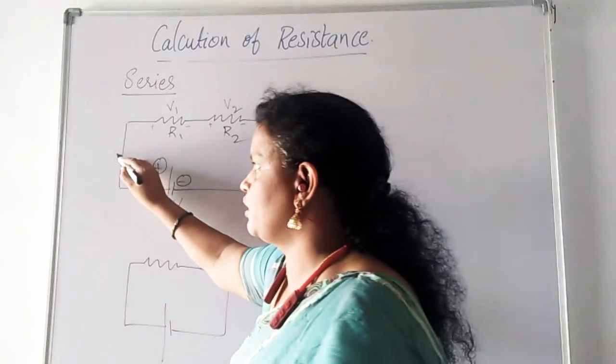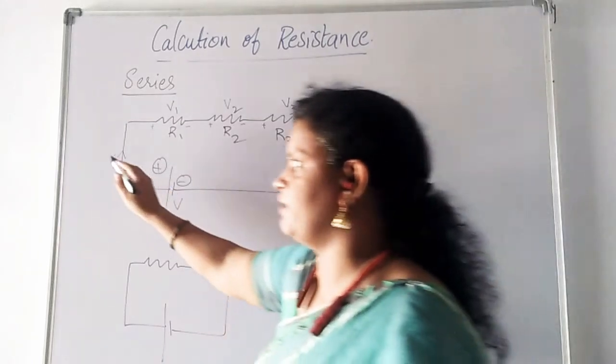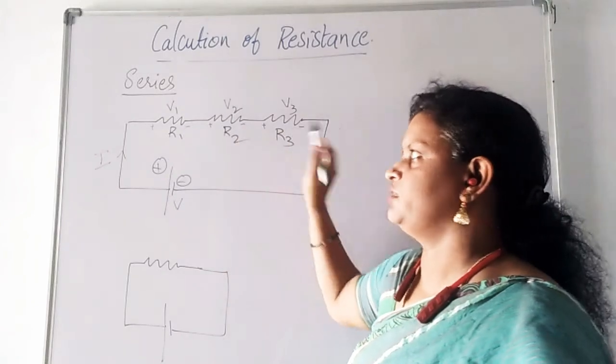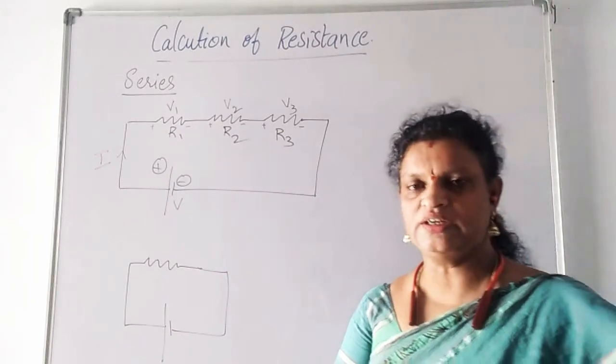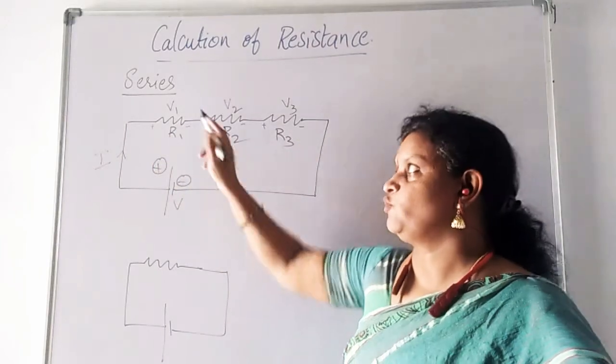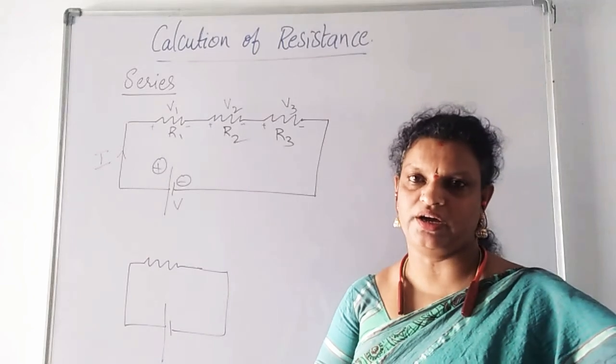But the current flowing through this circuit is I, the electric current. This current is similar for all the three resistors. So the I value is similar everywhere, but the voltage is shared, and the resistances are different: R1, R2 and R3.